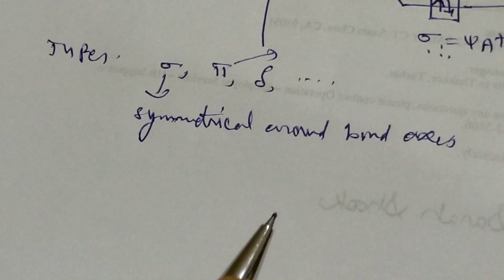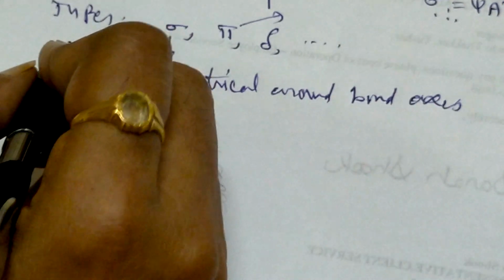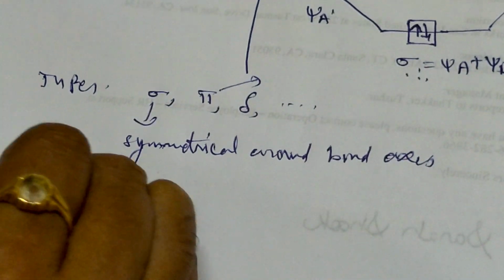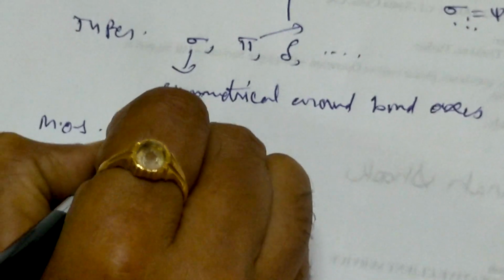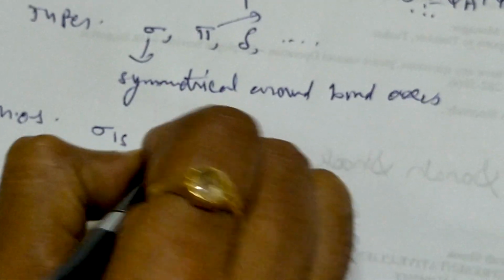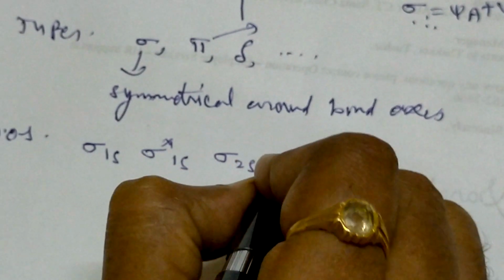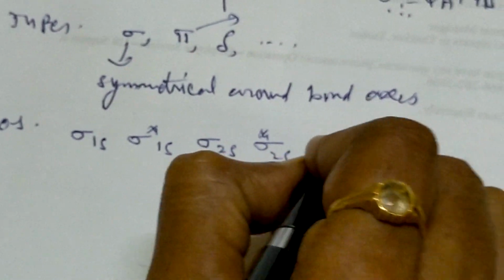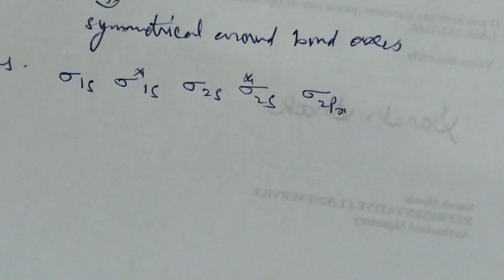If you see the molecular orbital energy levels: sigma 1s, then sigma star 1s, then sigma 2s, sigma star 2s, sigma 2px, like this it will go on.